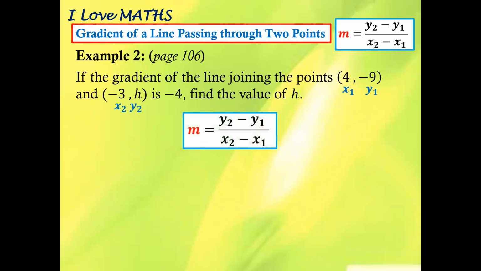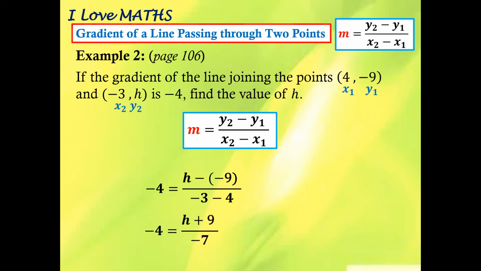Since this is the formula, we can substitute negative 4 for m, and then substitute the values. That would be negative 4 equals h minus negative 9 all over negative 3 minus 4.